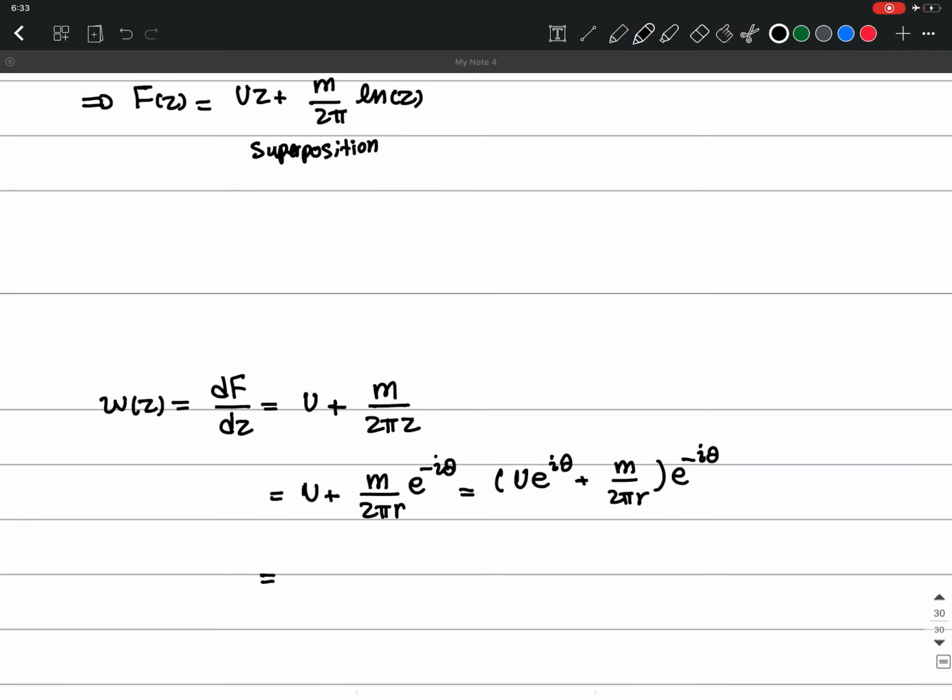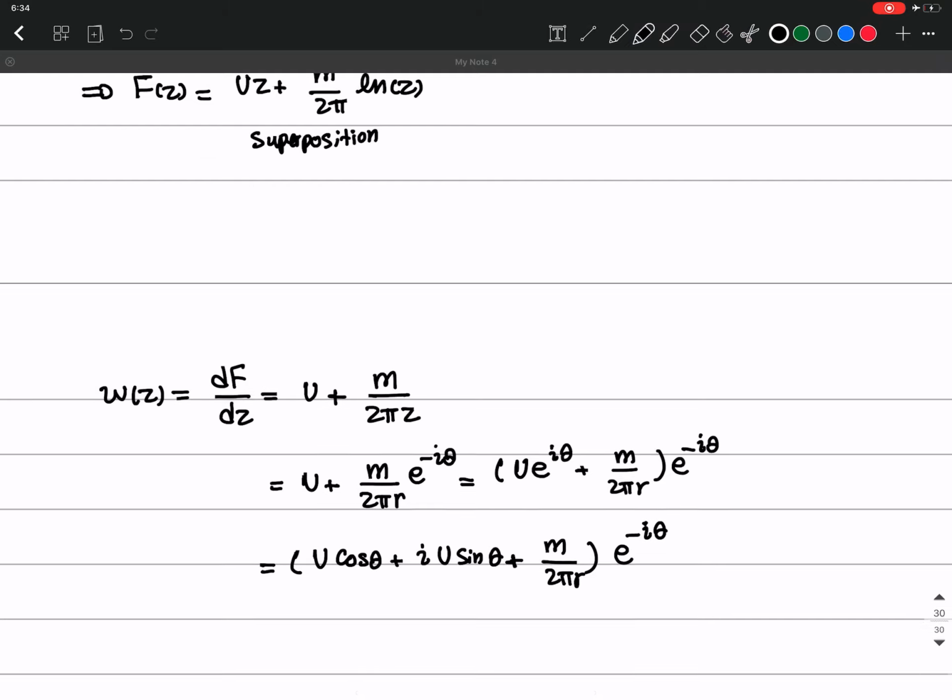And since e to the i theta is cosine theta plus i sine theta, this equals u cosine theta plus i u sine theta plus m over 2 pi r, times e to the minus i theta.